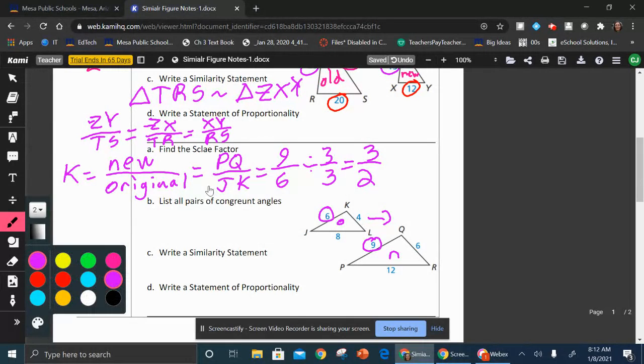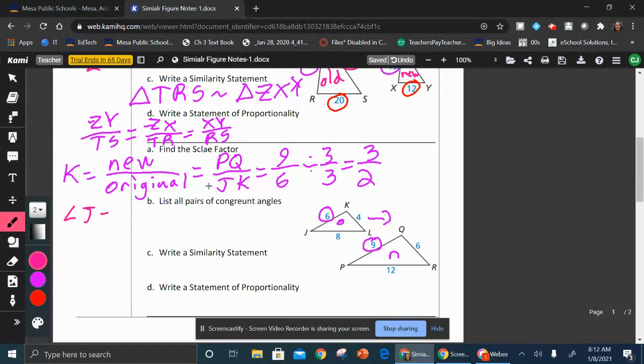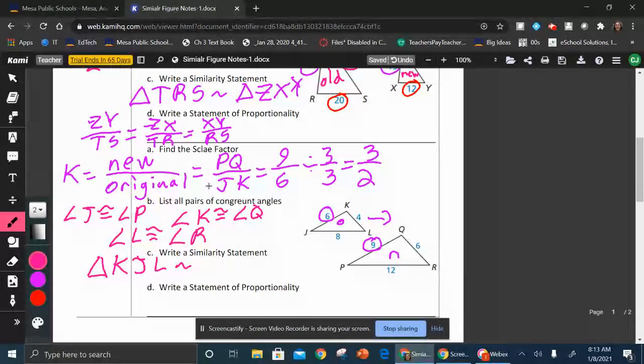Okay, now let's list all the angles. So angle J is congruent to angle P. Angle K is congruent to angle Q. And angle L is congruent to angle R. Okay, and if we're going to write a similarity statement, we could say that KJL is similar to QPR.